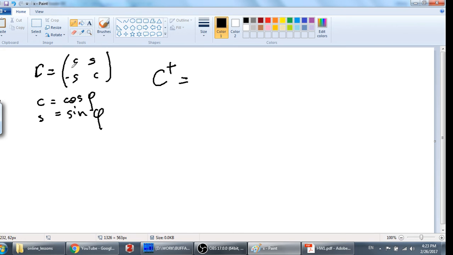All the components in the original matrix are real numbers, so the complex conjugate of it is basically the same.